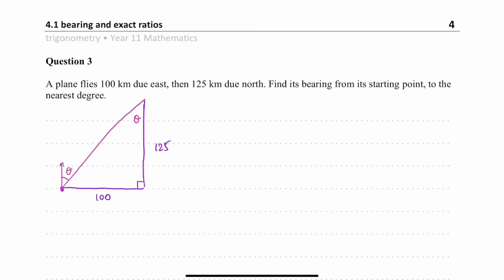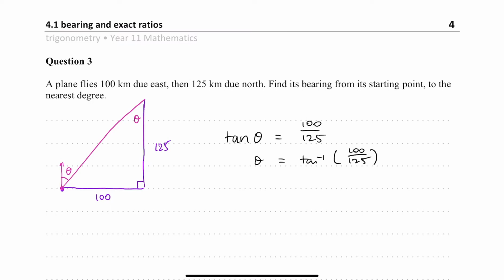I always find the alternate angles a little bit neater, but both ways should work. So here we have opposite and adjacent. So let's say tan theta is equal to 100 over 125. Theta is tan inverse 100 over 125 degrees.